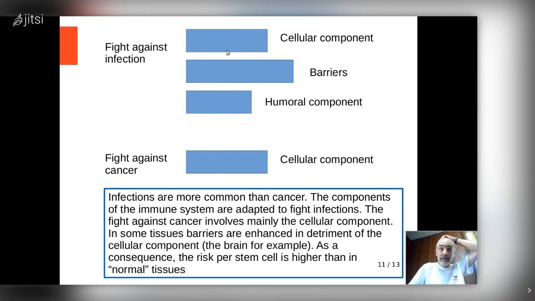But as a result, the fight against cancer in this tissue is depressed as compared to normal tissues. Okay, this is the kind of analysis we should use in order to explain the observed risk.